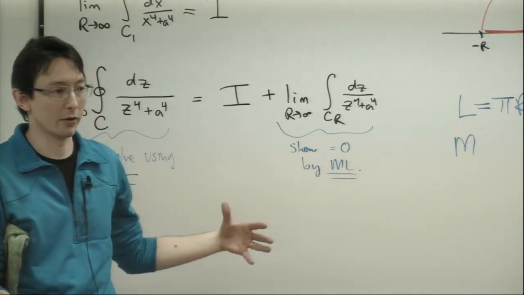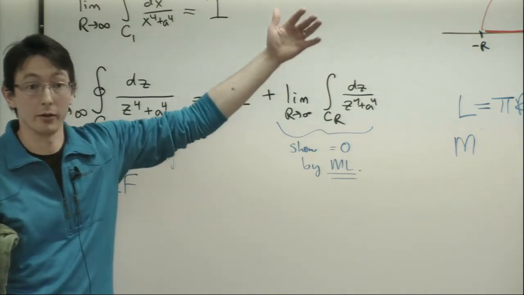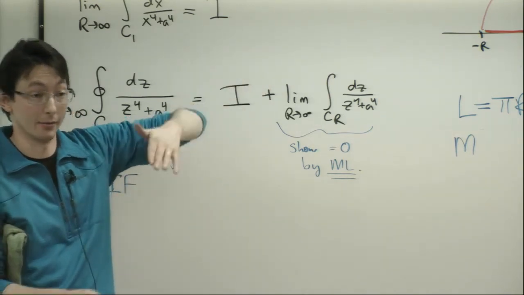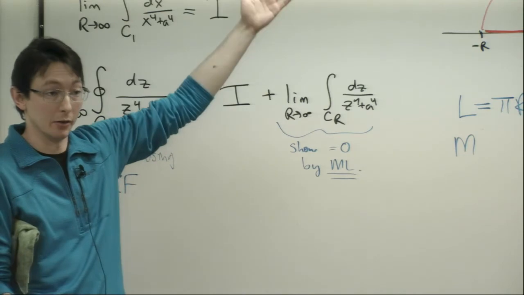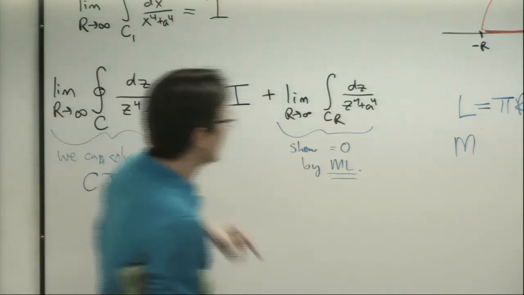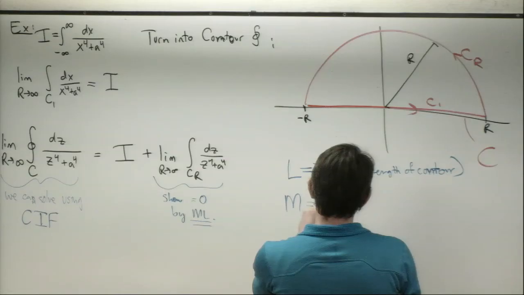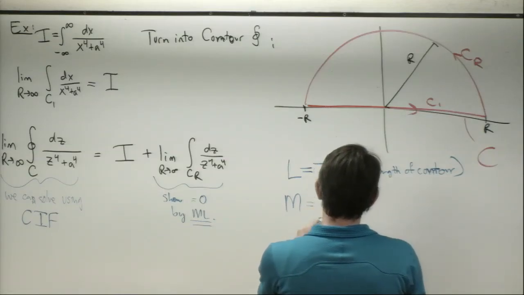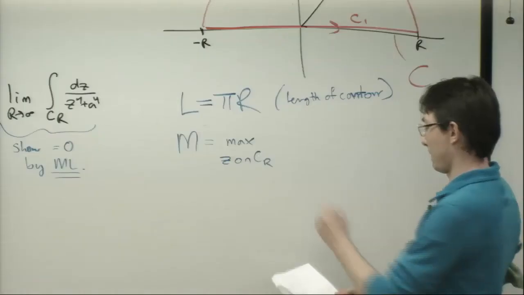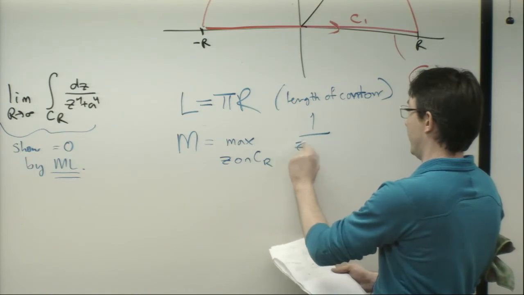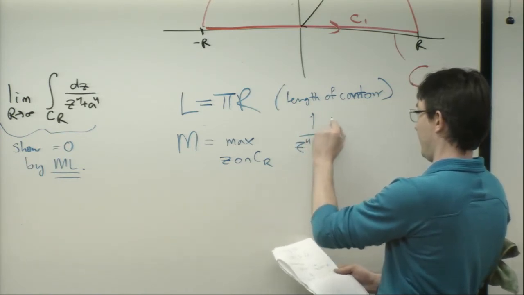Z to the fourth has a magnitude of r to the fourth. So this thing m equals the maximum value of all of the z's on my contour of 1 over z to the fourth plus a to the fourth.